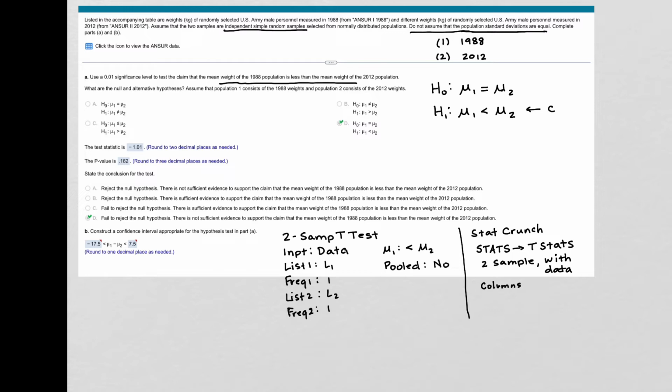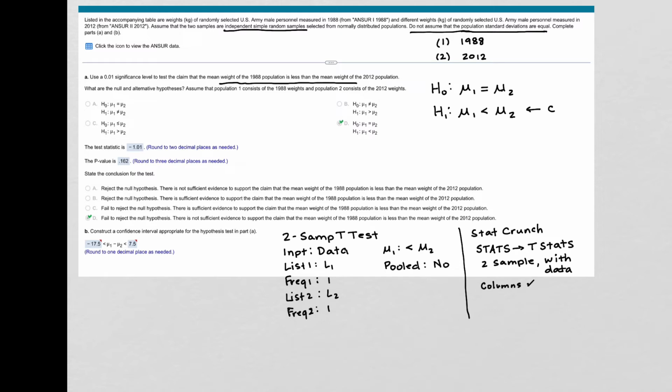And so if I do my hypothesis test, I can choose that. And my null hypothesis is that mu1 minus mu2 is equal to 0. So let me put this in.